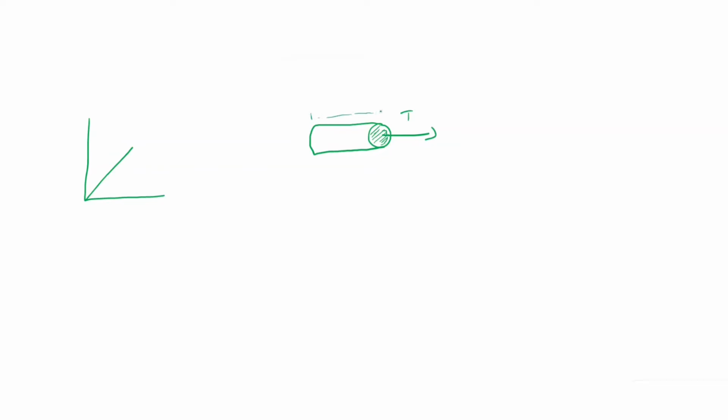And then this is the length L0. When I apply a force, let's just say force F, of course that force is tension, this material becomes longer. It's a rod, you can think of it like a rod.